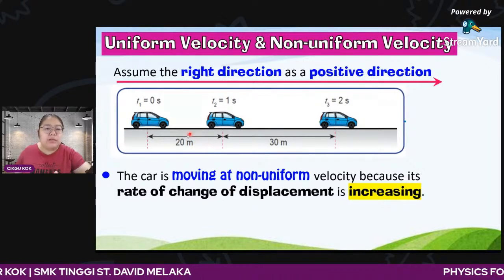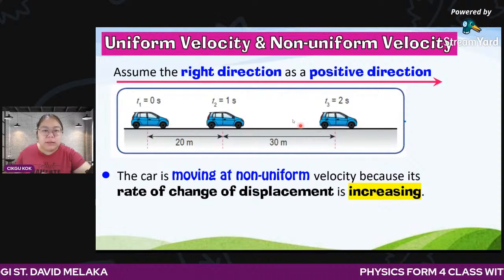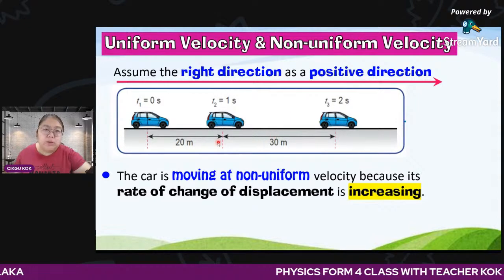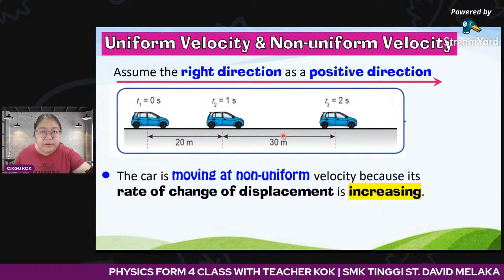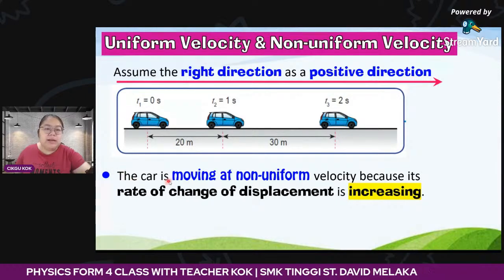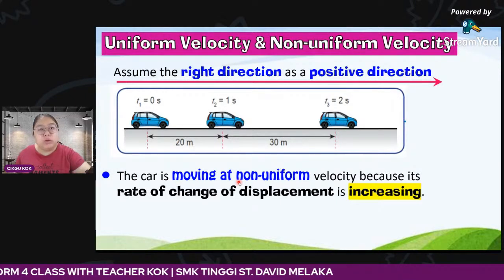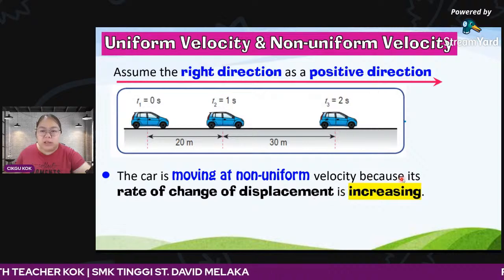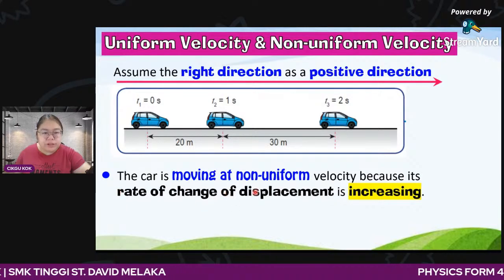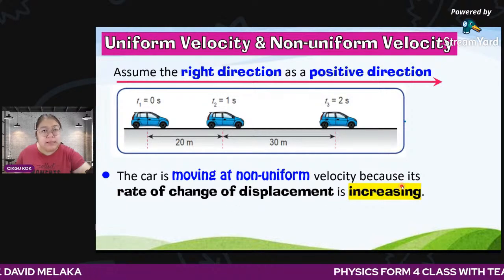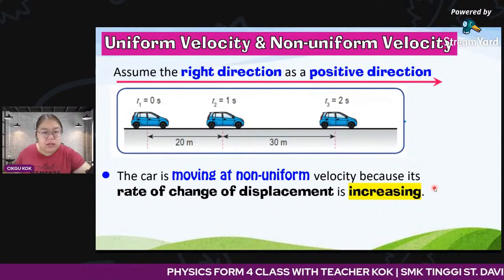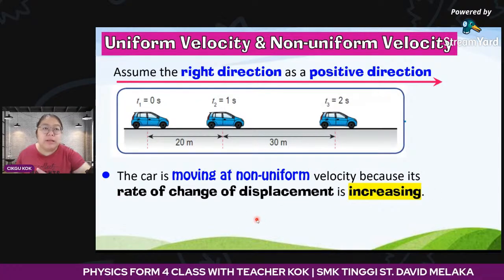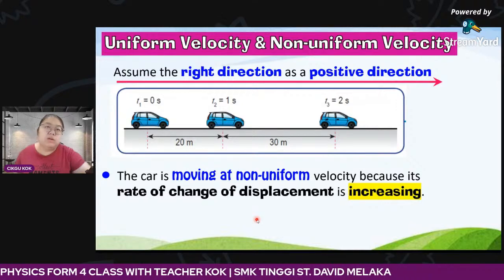When you do the calculation, 20 over 1, 30 over 1, it is different already. So 20 becomes 30, which means the car is accelerating. So from here, we say the car is moving with non-uniform velocity, because the rate of change of displacement is increasing. The velocity is increasing, so we can say it is non-uniform velocity.